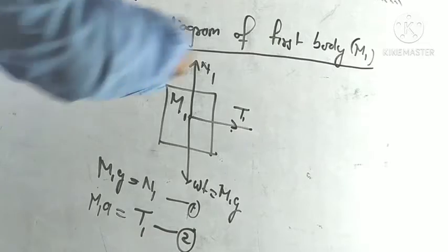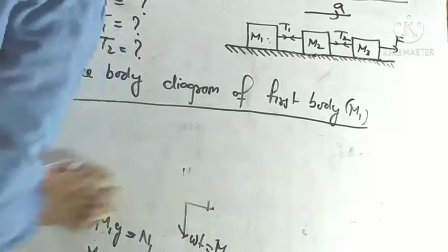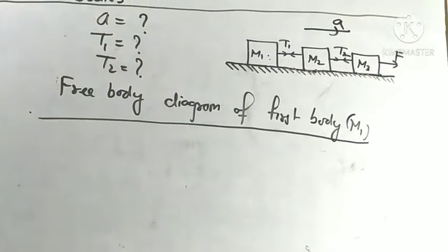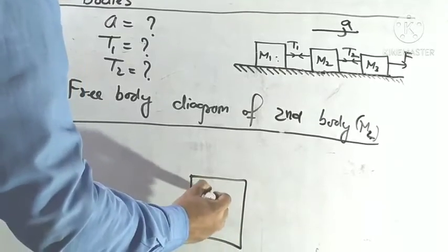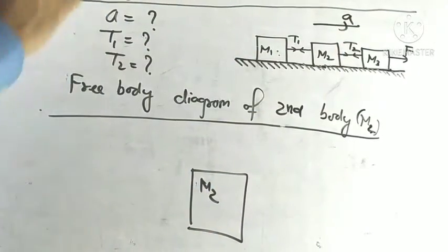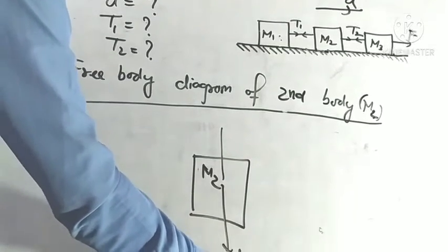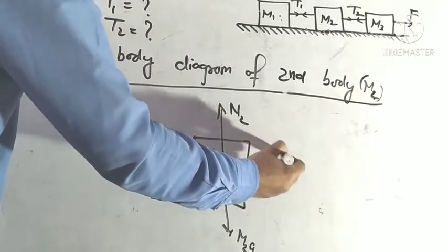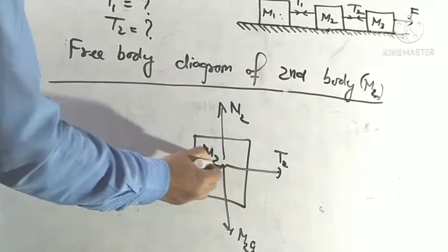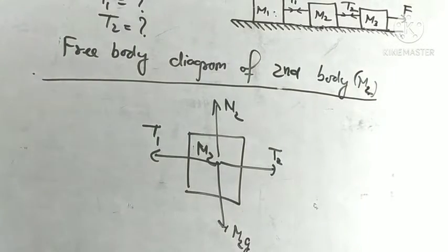Now we discuss the free body diagram of the second body having mass m2. There are four forces working on this body: the weight of this body working downward, the normal force working vertically upward, tension T2 in the string which works to the right, and tension T1 which works to the left.